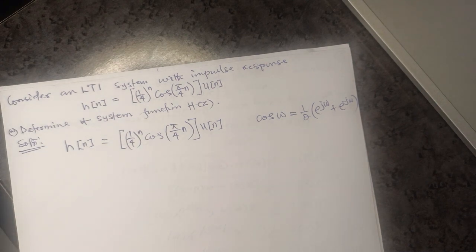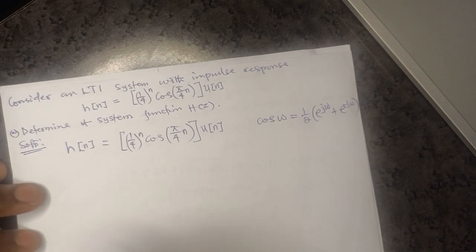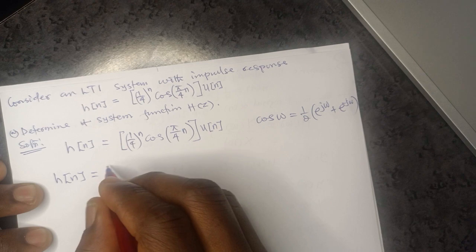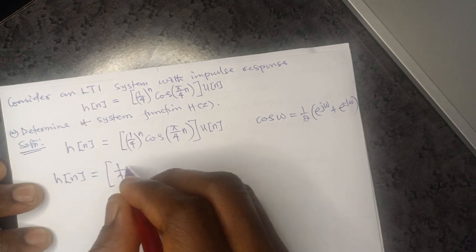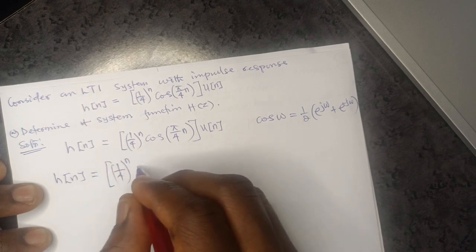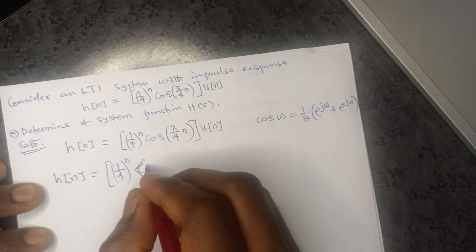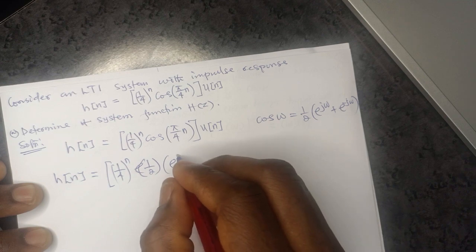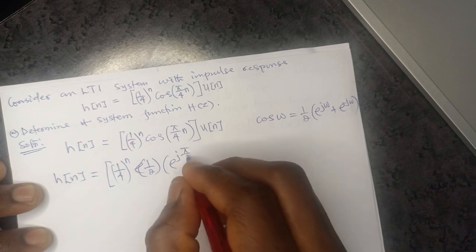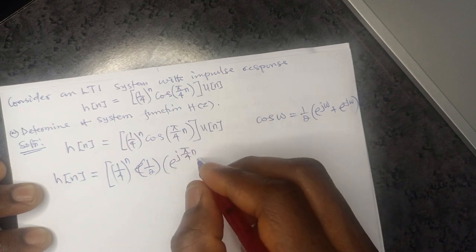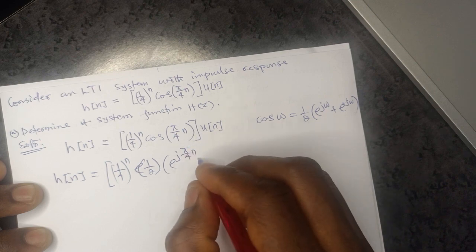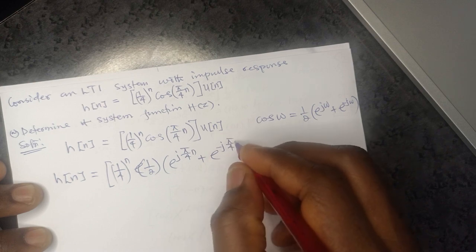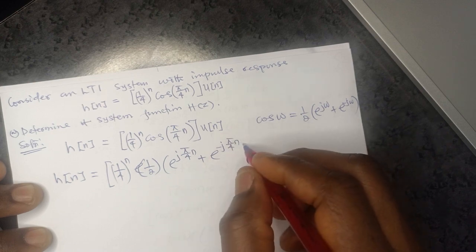So h(n) from here is equal to (1/4)^n, then put the half there, times e^(jπn/4) plus e^(−jπn/4).